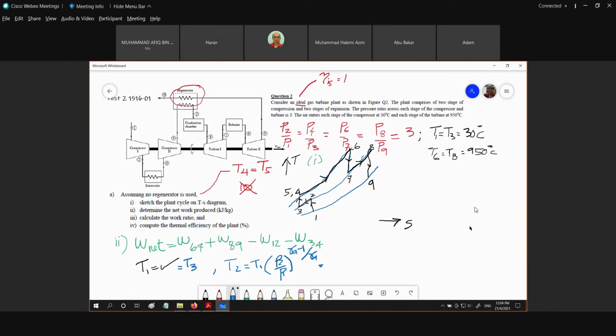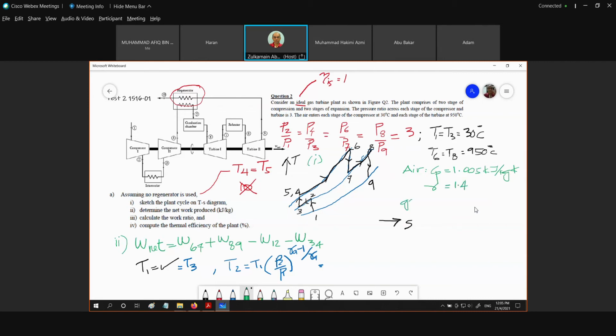Sir, the gamma is 1.4, right, sir? The gamma, let me see. I think I gave you the gamma. No. Okay, the gamma is given for air, right? Let me write it here. So for air, the Cp is equal to 1.005 and the gamma is equal to 1.4.